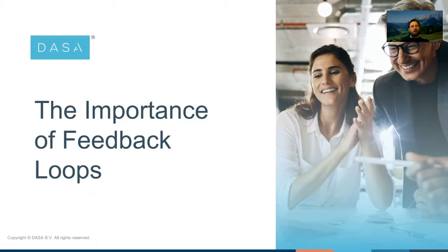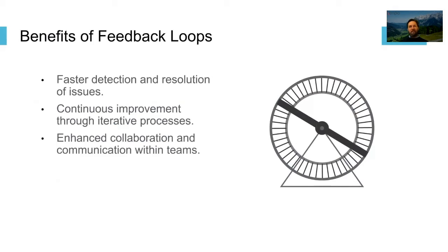So let's take a step back, talk about the importance of feedback loops for a second. And I recognize that I'm, I suppose, preaching to the choir, because I'm sure all of you, dear listeners, are quite aware of the importance of feedback loops. But let's go over it anyway. What are the benefits of feedback loops?